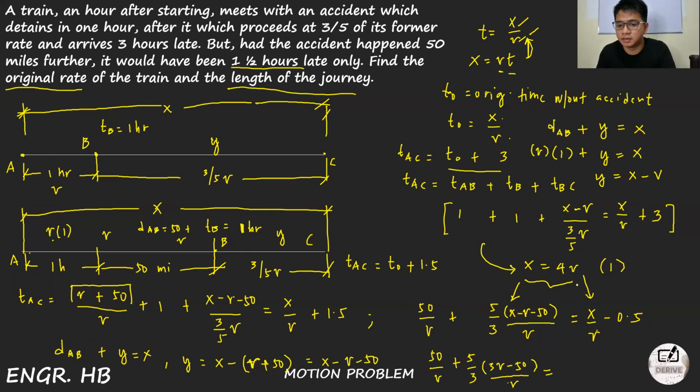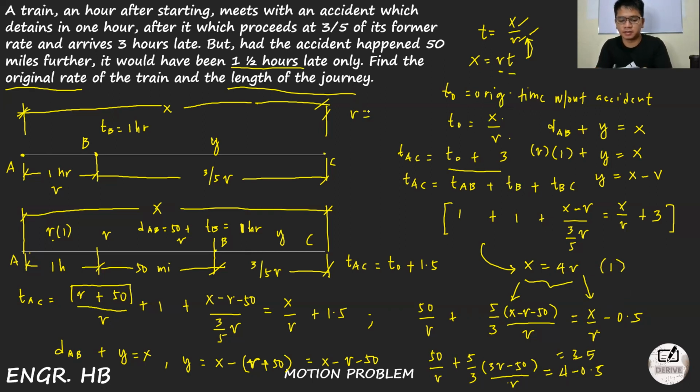So magiging ano na yan? Ay 4b divided by b. So it will become 4 minus 0.5. So mali pala kanina, kaya pala mag-solve ng 3 natin dito. So that was 4b divided by b is equal to 4. So that will become 3.5. So our v will become, so dito na lang. Our v will become 50.